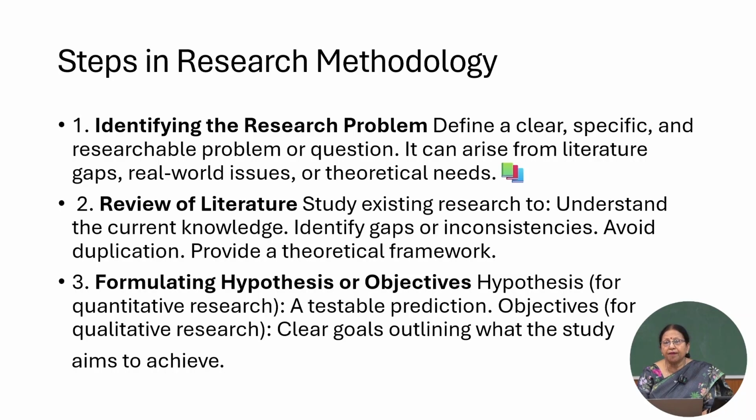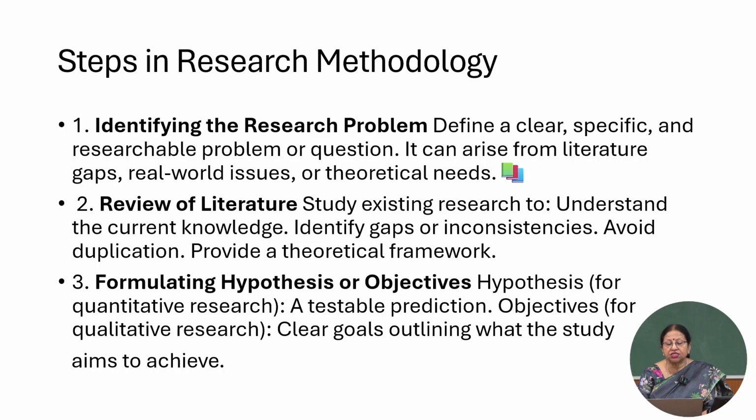So, what happens is that when you go through the literature very carefully, you will see what all has been done in the choice area of yours. And then from that you can see, is there any gap that I can fill in? You can identify the gap and then work on that issue which has not been covered by others.